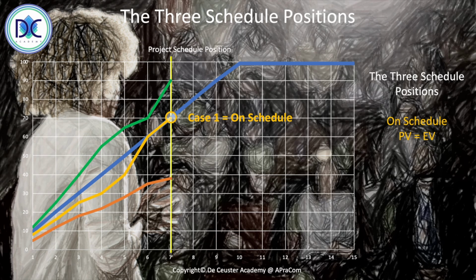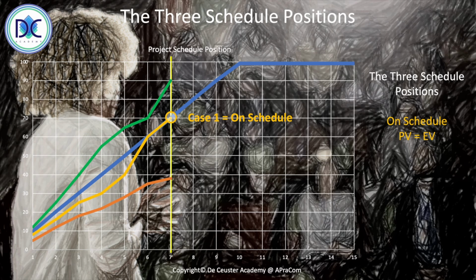But thanks to the project manager and the team, it was possible to get the project on schedule again. So the last two reporting periods were on schedule. We don't know what's going to happen in the future, but at this moment the project is on schedule.